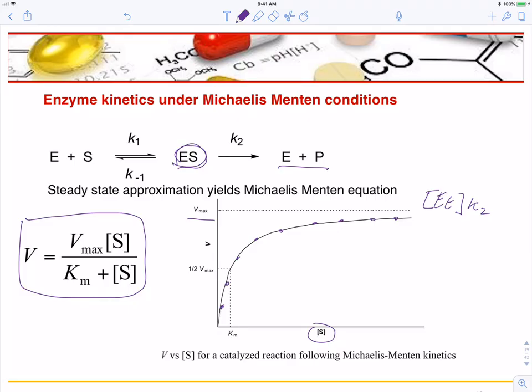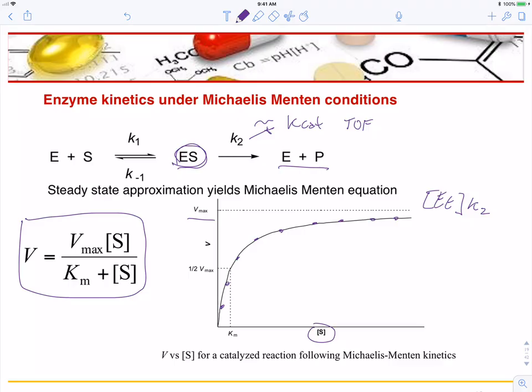The other important parameter is kcat, which in most cases is k2. This is often called the turnover frequency, TOF, and it's the maximum number of substrate molecules that an enzyme can convert to product per unit of time.